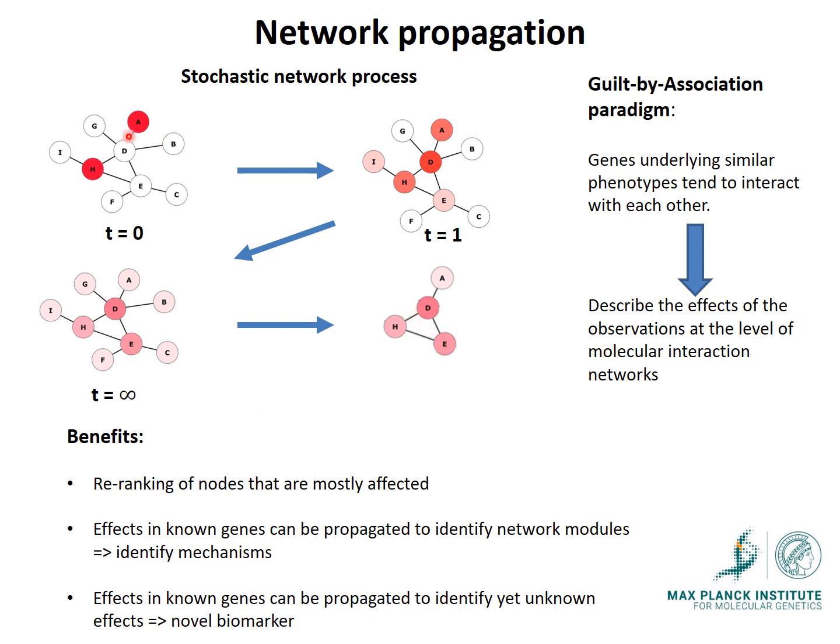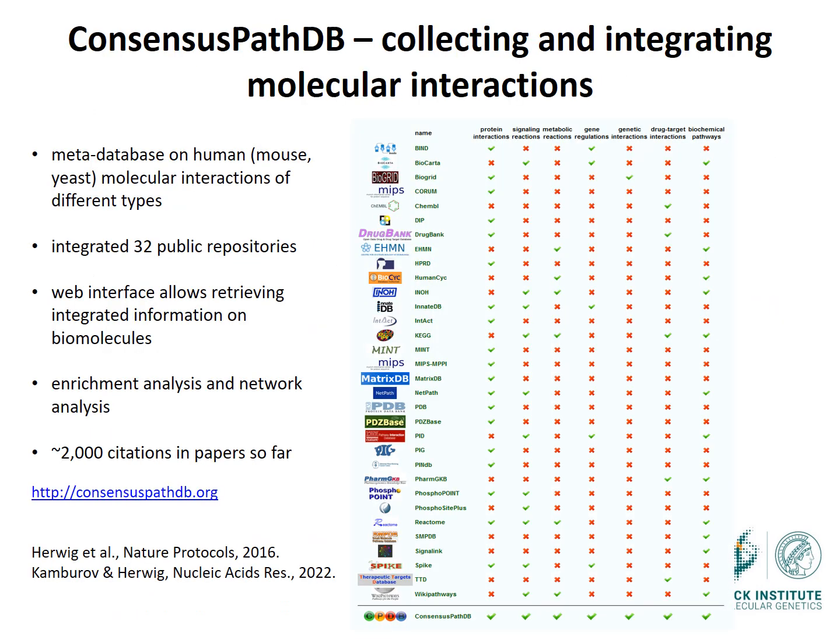And the effects in known genes can be propagated basically to derive novel biomarkers, in the sense that we get weights for nodes which have been unweighted at the initial step of the approach.